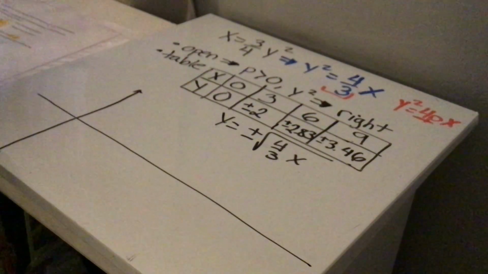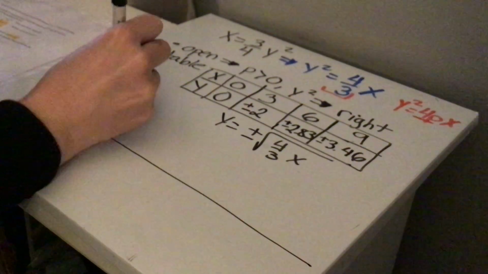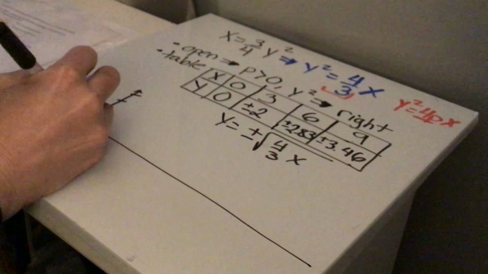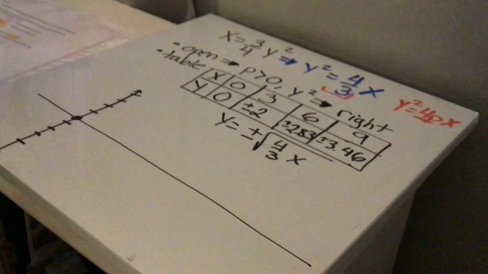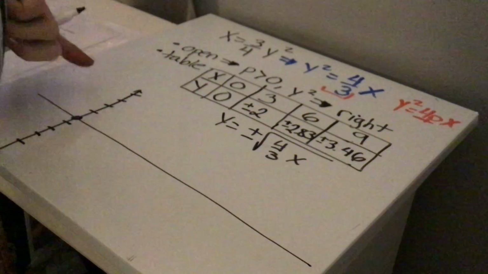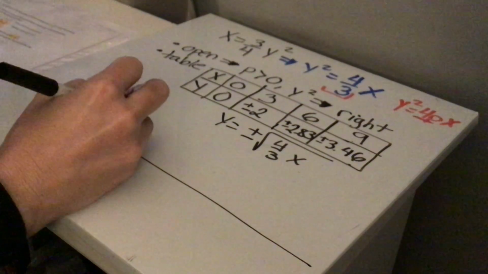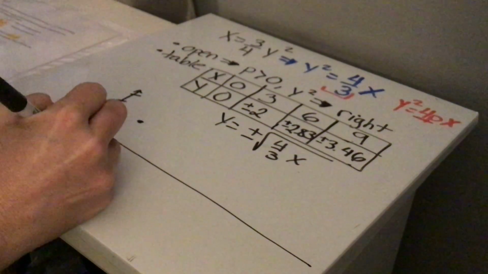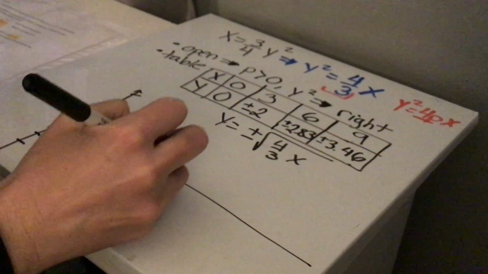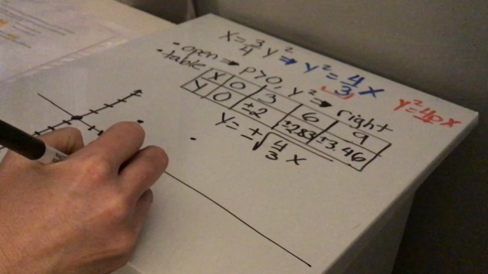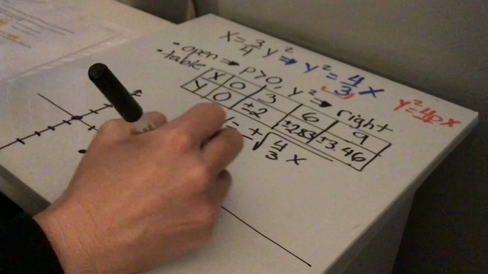Okay, so I'm going to do my graph now. When x is 0, y is 0. That's good. That's our vertex. Okay, we know it's opening to the right. So when x is 3, y is 2 or negative 2. When x is 6, almost to 3 and almost to negative 3.